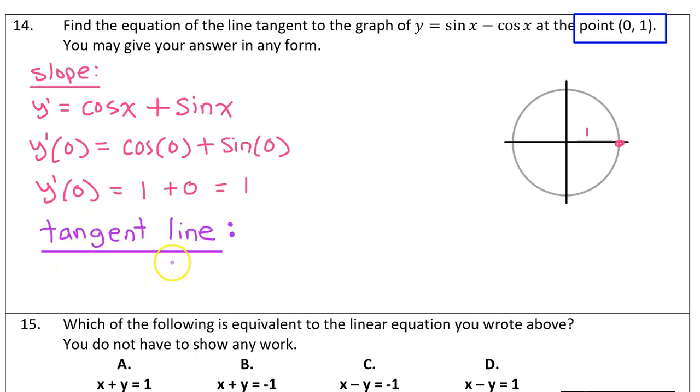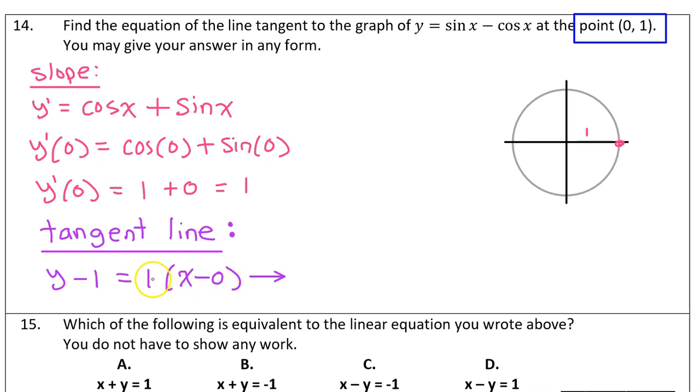We can go ahead and write the equation of that tangent line. Keep an eye on the point that they gave us. So y minus y, that's y minus 1, is equal to the slope times x minus x. This is a full credit answer. It feels a little bit silly to leave it like this because there's so much that can be simplified.